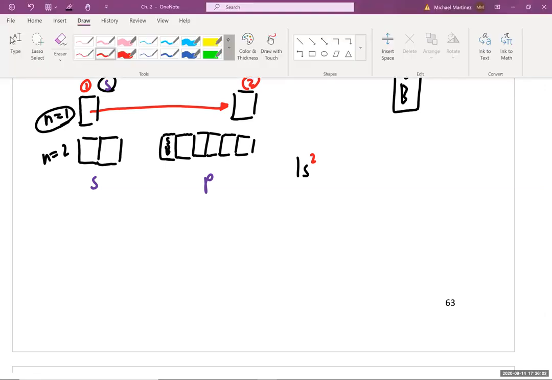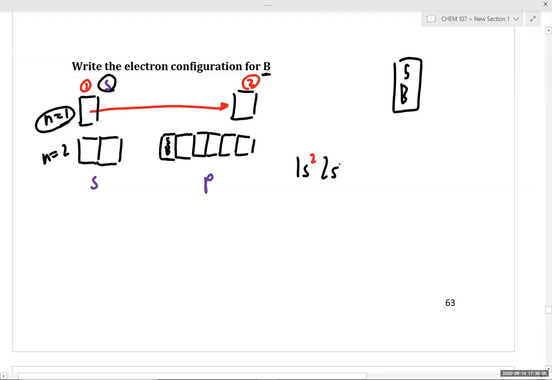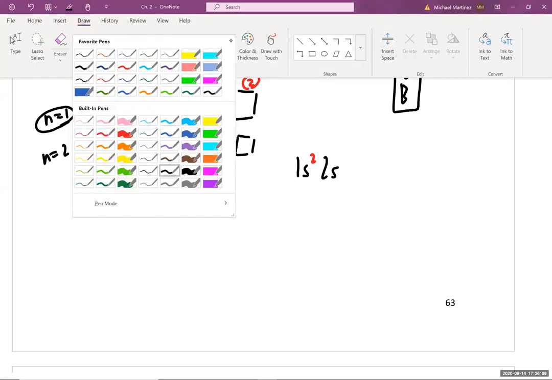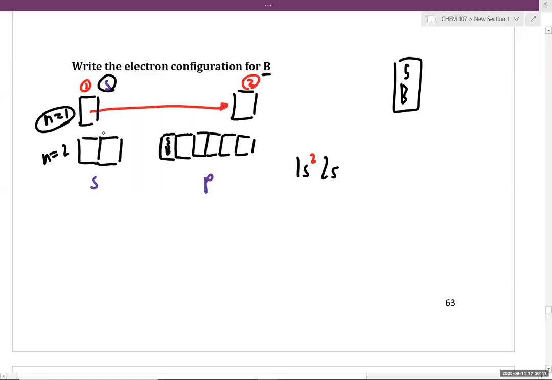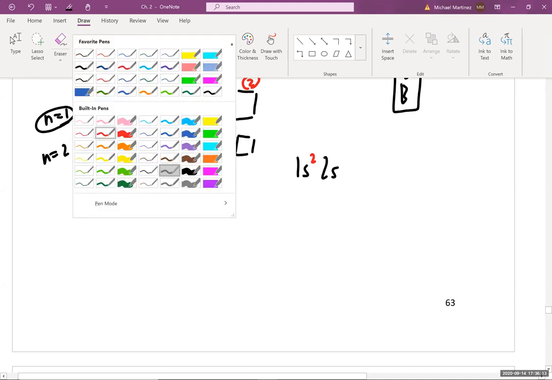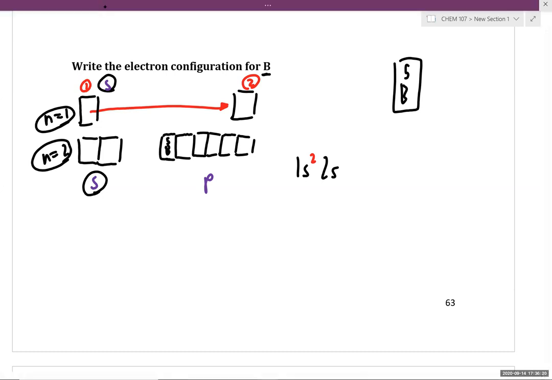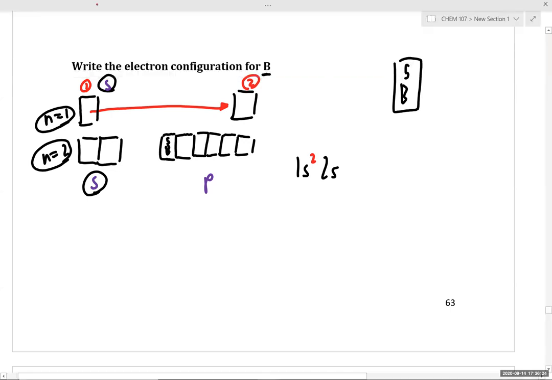Continuing on, we're going to fill our next highest energy shell and subshell, which would be the 2s subshell. 2s, second row, S block. In turn, we move across the periodic table. We haven't yet reached boron, so we move 2 spaces in our 2s block, so we have 2 electrons.